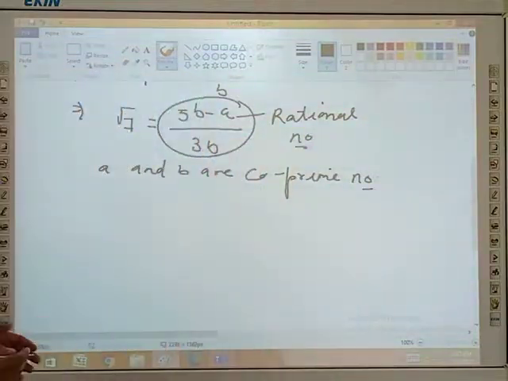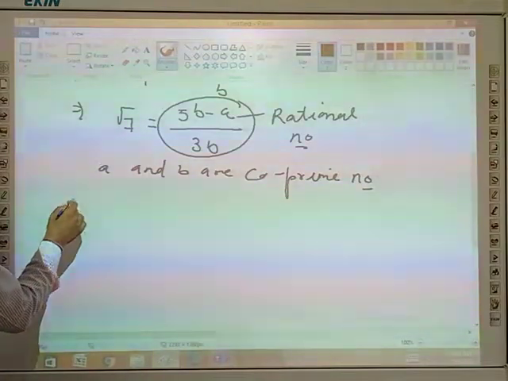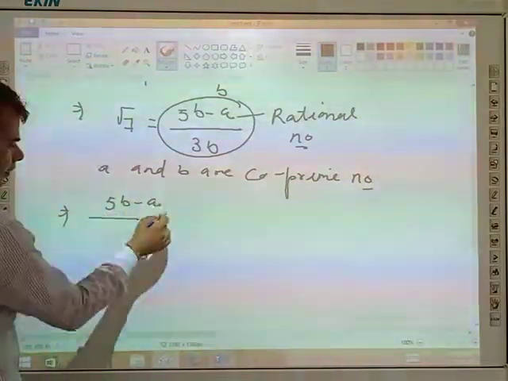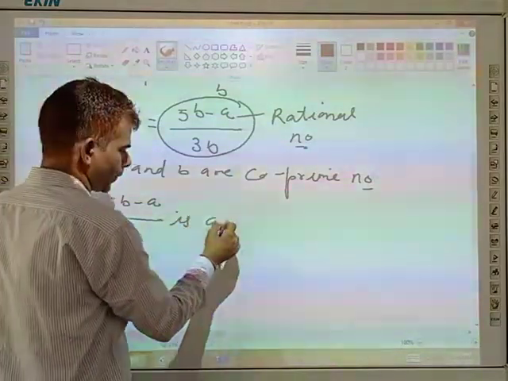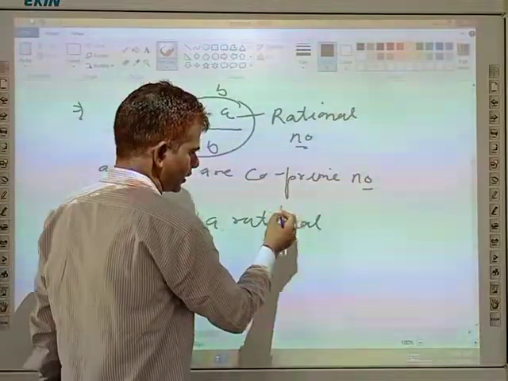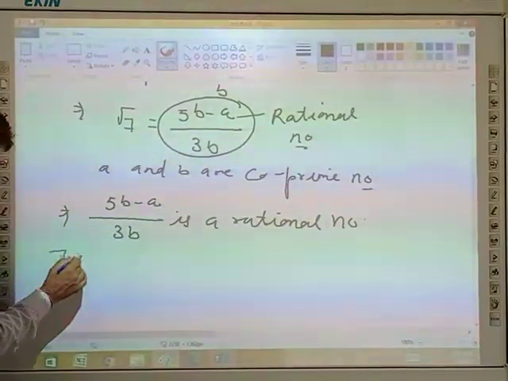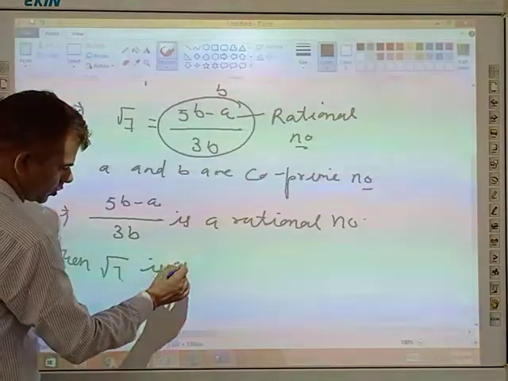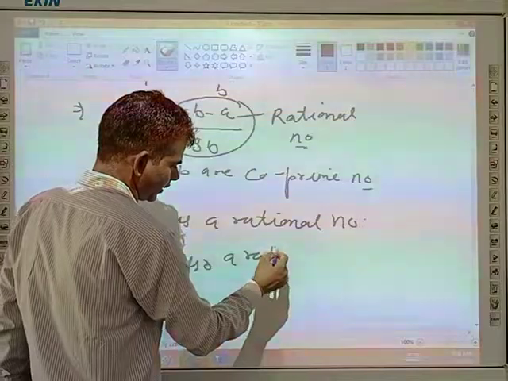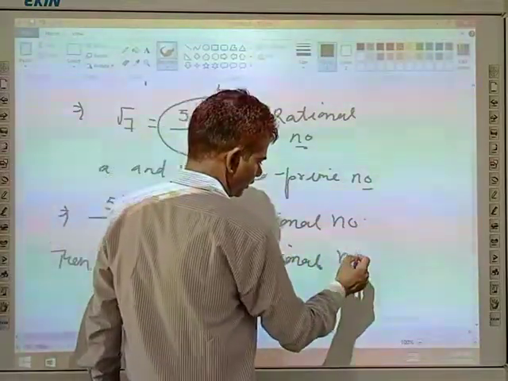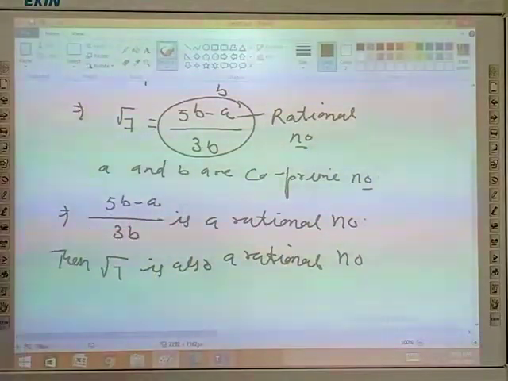If this is a rational number, then root 7, which is equal to 5b minus a by 3b, is also a rational number.